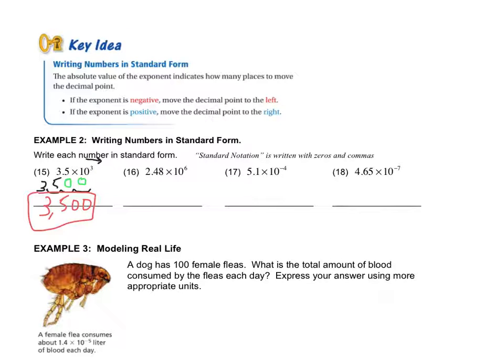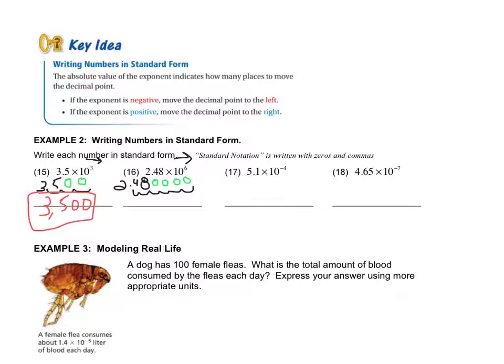On the next one, again, positive. That tells me that if it's a positive exponent, I'm going to be moving my decimal to the right. So I'm going to take my 2.48 and I'm going to move it 6 places. So 6 places, first 2 are going to get me around the 8. Then 3, 4, 5, 6. I ran out of some room, so I need to go back in and fill in those little scoops, the 4 zeros that we now need to hold those places.